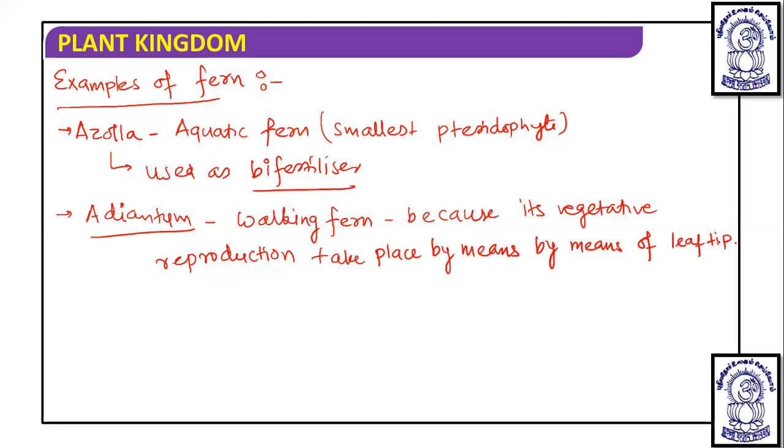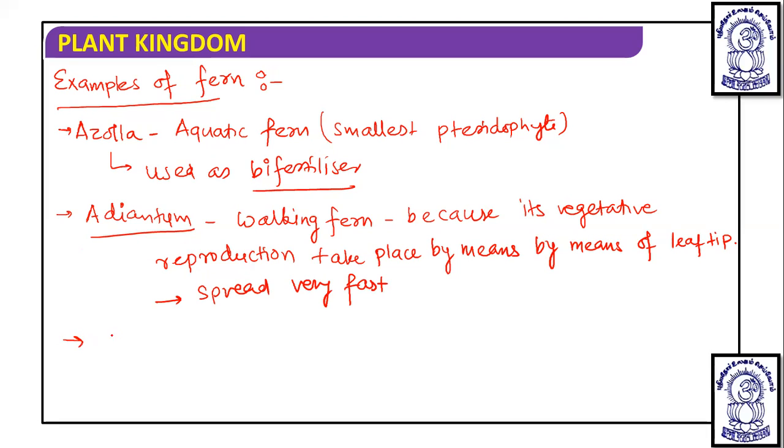So its vegetative reproduction takes place by the leaf tip, and due to this, it spreads very fast. Okay, so that is Adiantum.